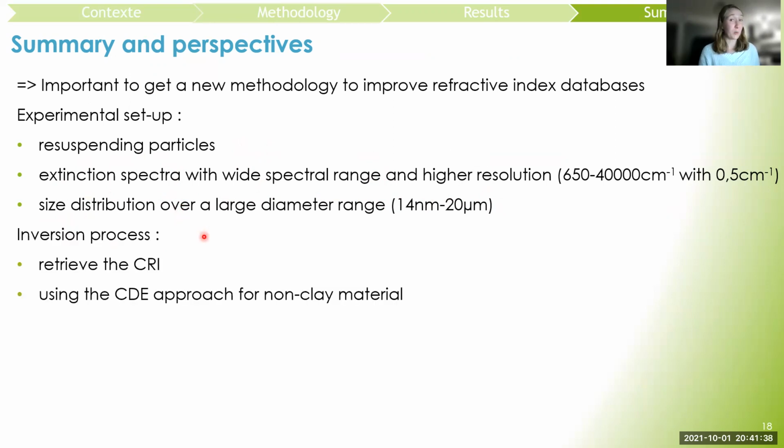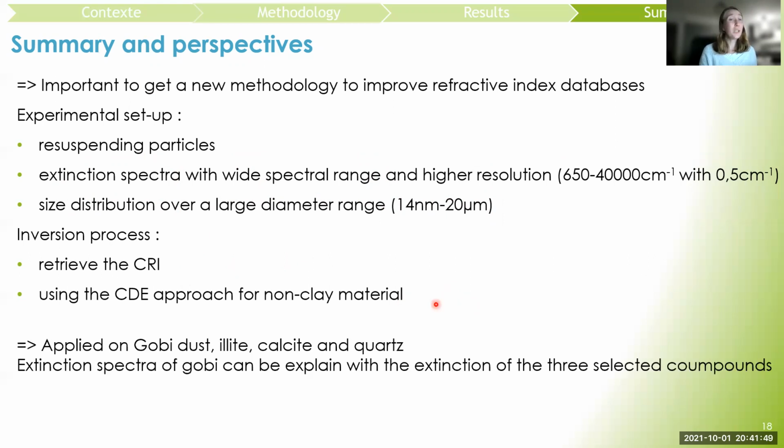Our algorithm is working. We retrieved the complex refractive index, and we sometimes had to use the CDE instead of Mie to retrieve the complex refractive index. And we applied that on Gobi dust and its three main compounds. Then we also saw that it's possible to explain the extinction spectra and the complex refractive index of Gobi using these three compounds.